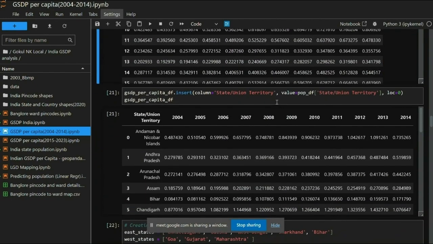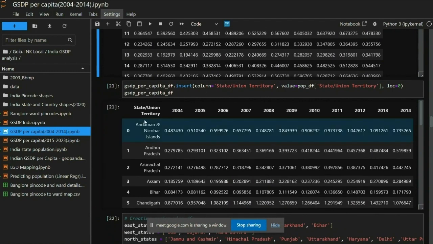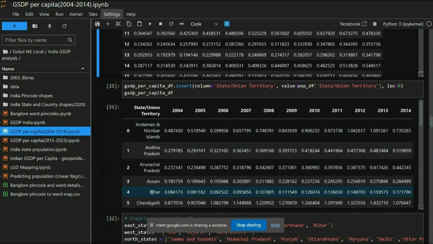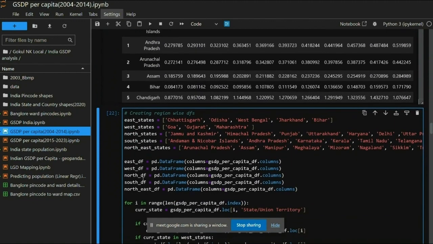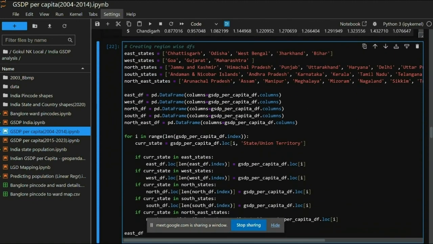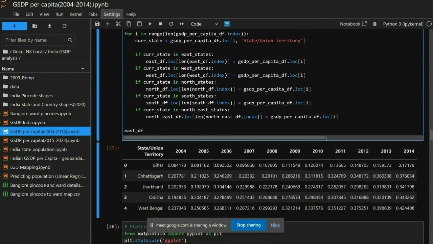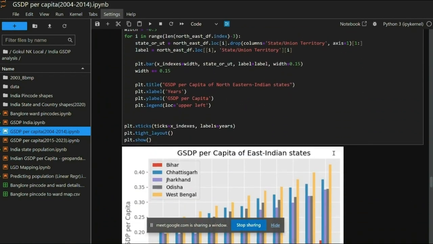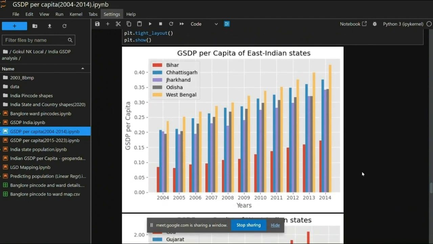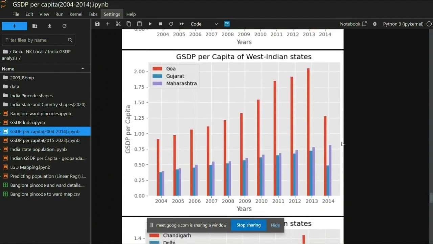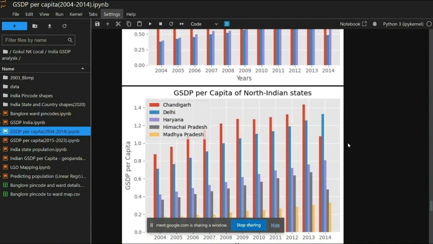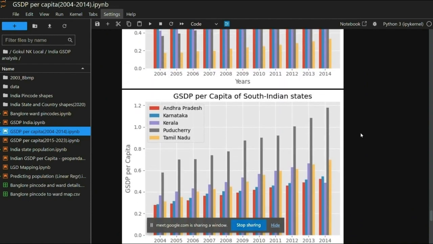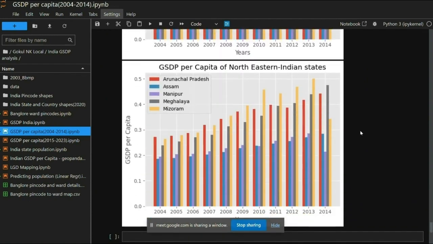Now we are adding the state names at the first position for our reference. And then, like we used to do, we have segregated the states into 5 different zones: east, west, north, south, and northeast. And then plotted it with the help of the matplotlib library here for east and then west and north, south states and northeastern states finally here.